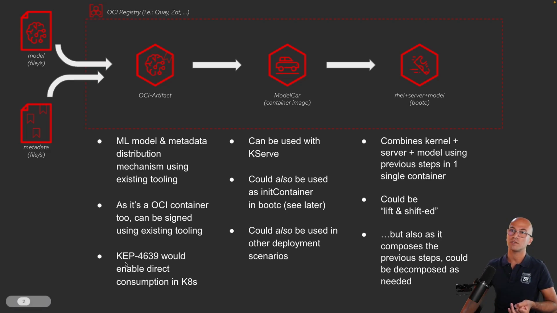And when the Kubernetes enhancement proposal 4639 becomes available, it is likely that we will be able to directly mount them inside of a pod, inside of a container, so that the container application can access the assets, in this case the files, that are contained in this OCI artifact. Since we are not there yet with this Kubernetes enhancement proposal, we can use, at least for now, and we will see how it is a composable concept, ModelCar.